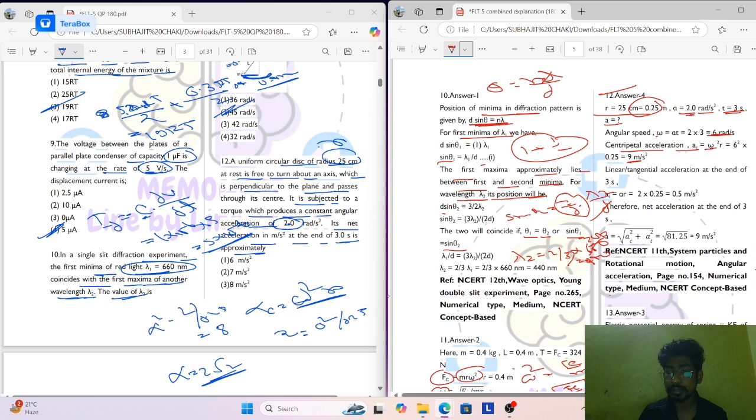Sorry, omega is already calculated, 6 in the previous line. So therefore 6 squared into 0.25 means 36 by 4, that means 9 meter per second square.